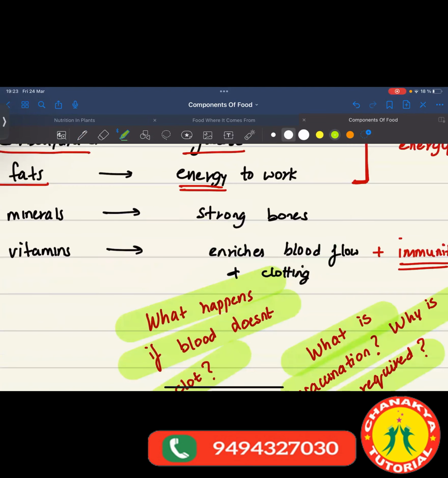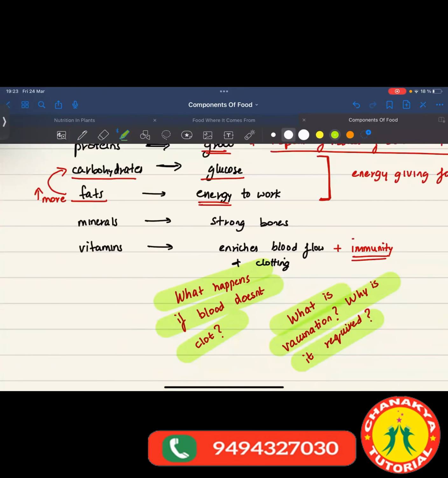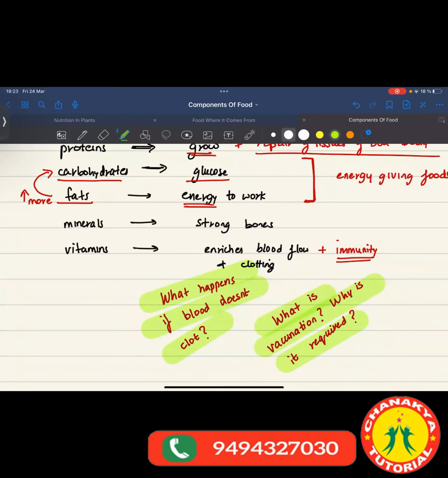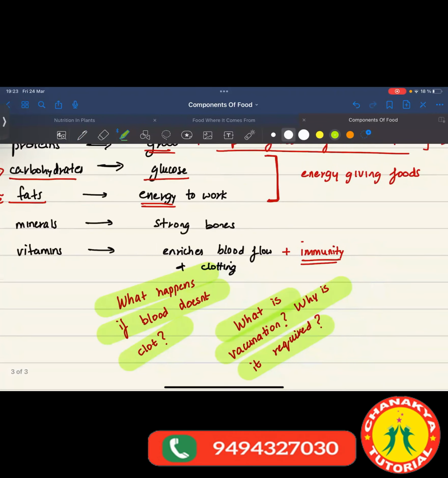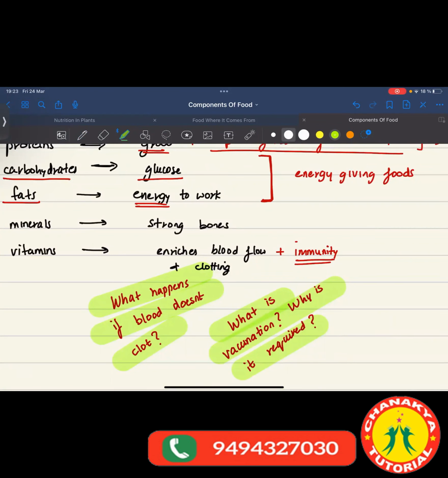Okay, so these vitamins provide you with immunity. The term immunity basically means it helps your body to fight diseases from the outside. Now, for example, Ashwath has high immunity and I don't. If I go out in the rainy season, I will quickly catch a cold, whereas Ashwath will still be strong even if he gets wet in the rain.